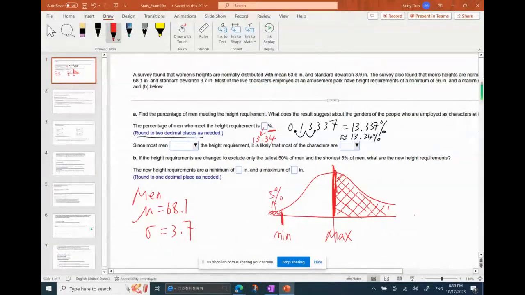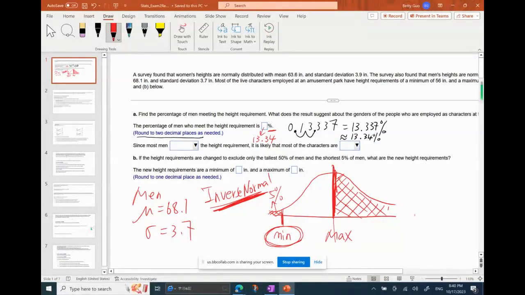And that leaves us to figure out the minimum, right? Are we using normal CDF or inverse normal? We are using inverse normal, right? To find the x value. Okay, in inverse normal, let's go to second verse. Inverse normal.